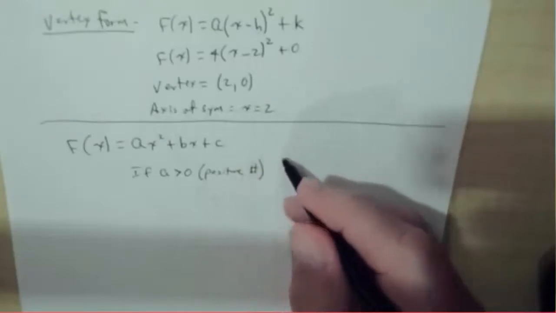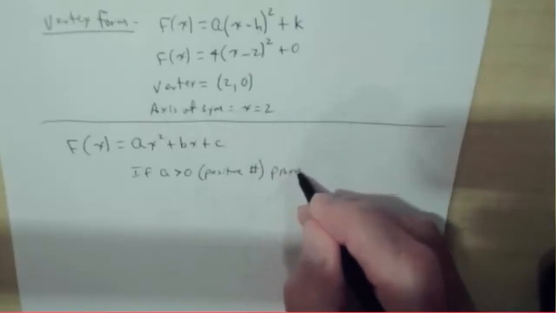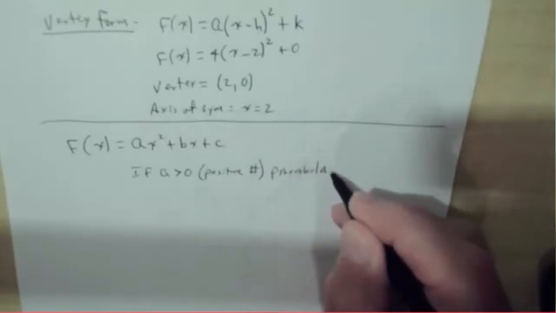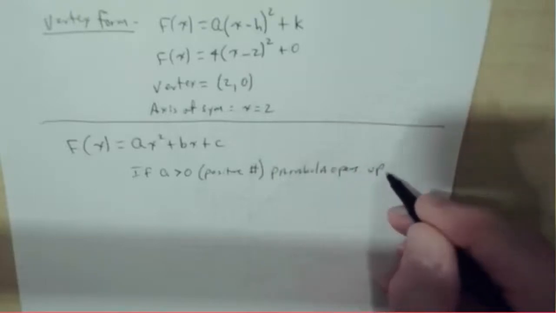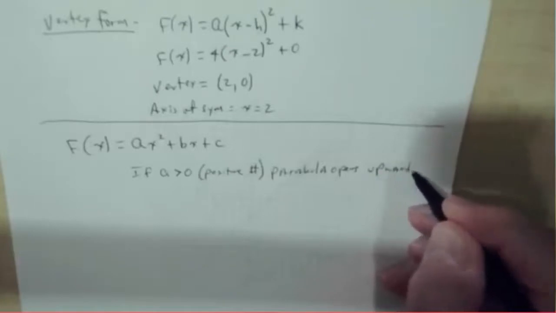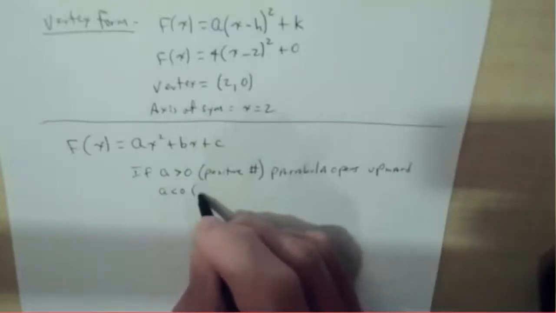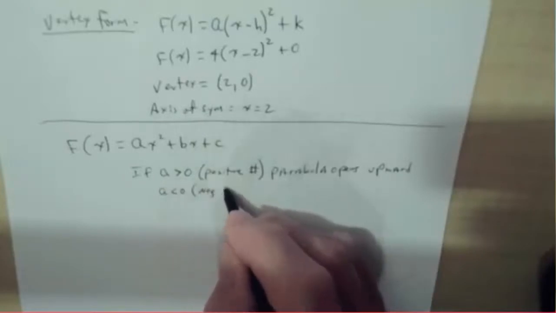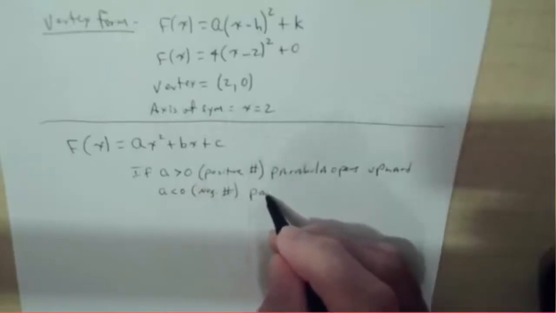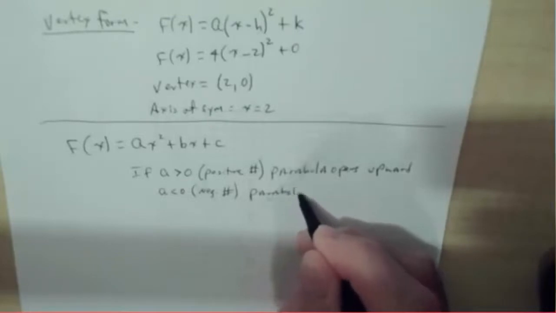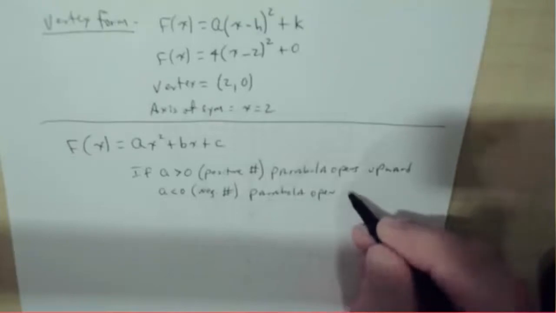If they're greater than 0, then the parabola opens upward. And if a is less than 0, in other words, negative numbers, the parabola will open down.